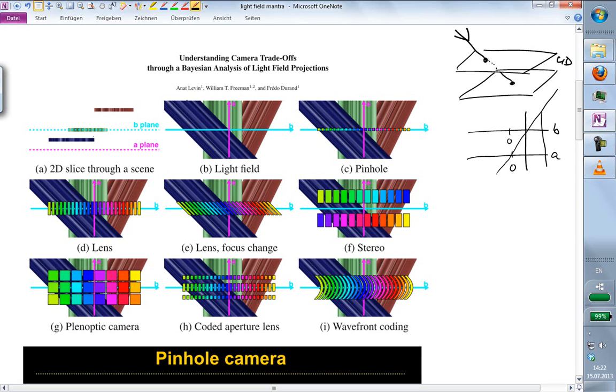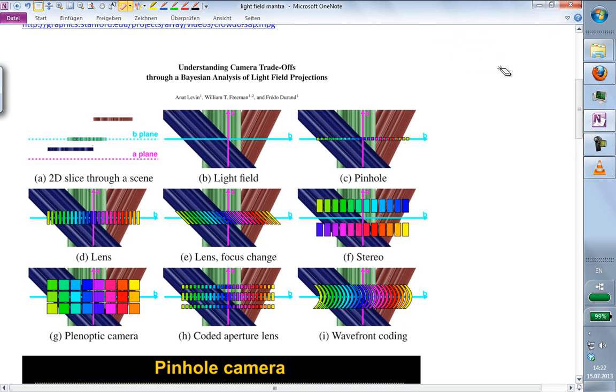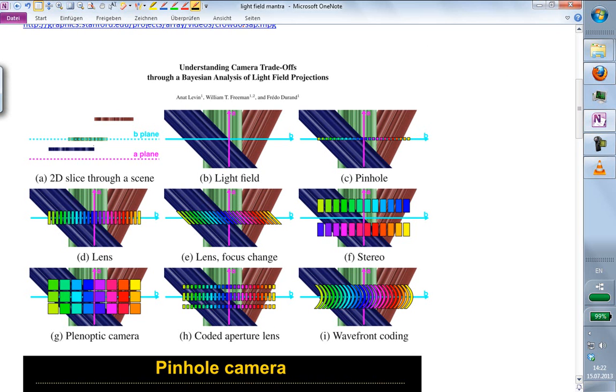This angle translates to how far away the object is. This is a scene with just one spatial dimension, so I needed only 2 indices. In reality, I have 2 spatial dimensions and altogether 4 indices, and I would need to draw a higher dimensional picture, which I don't for now.